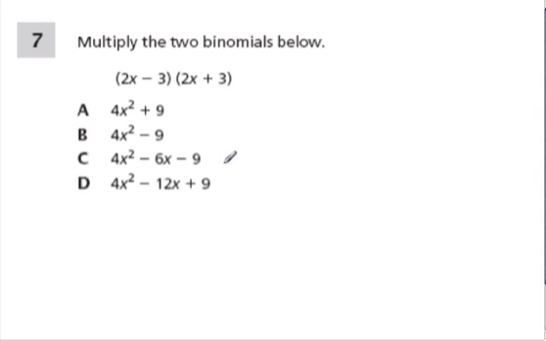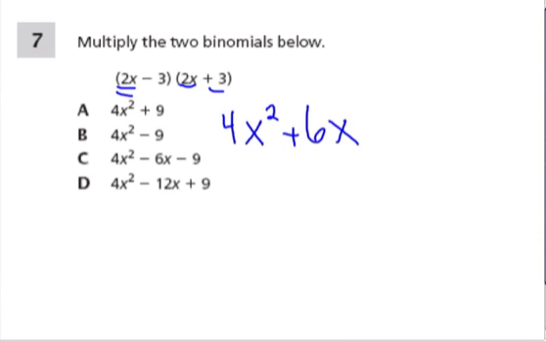All right, so now same idea here. Just a little bit more to distribute. 2x times 2x. If we're using FOIL, those are our first terms, and that's just 4x to the second power. 2x times 3 is what? Well, that's 6x.